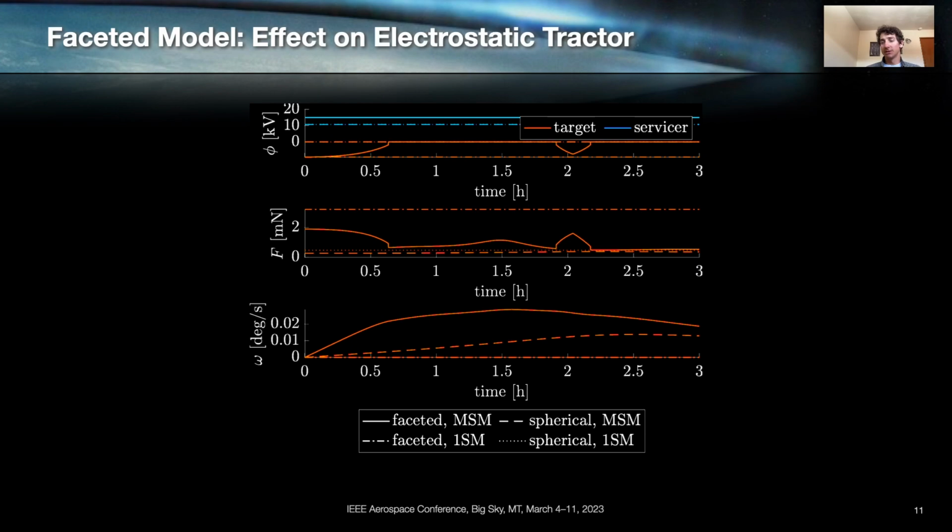Since the potential, for example, drops to zero at some times, the resulting electrostatic force will decrease in magnitude a lot as well, and that can result in longer reorbit times than expected, because the reorbit time depends on how strong the force is between the two spacecraft.